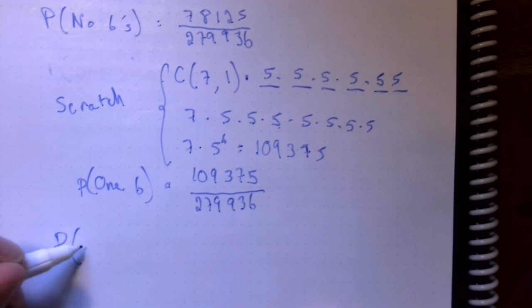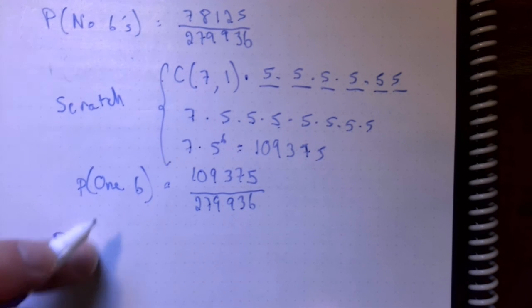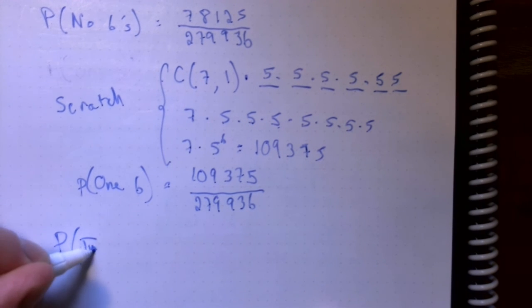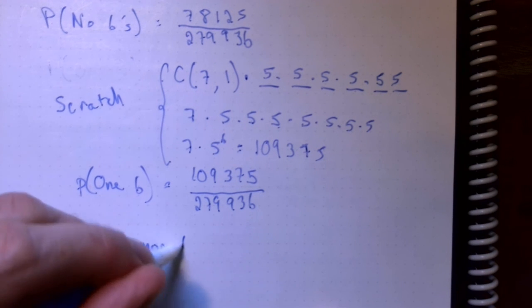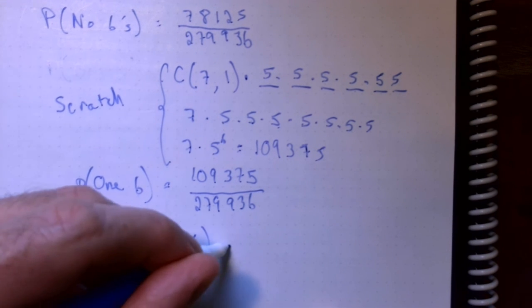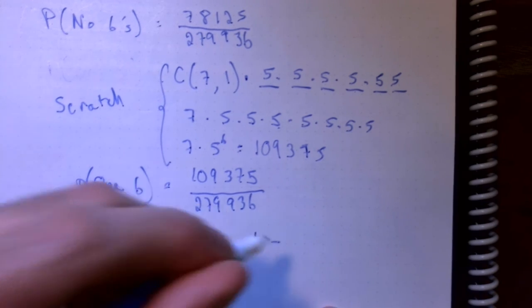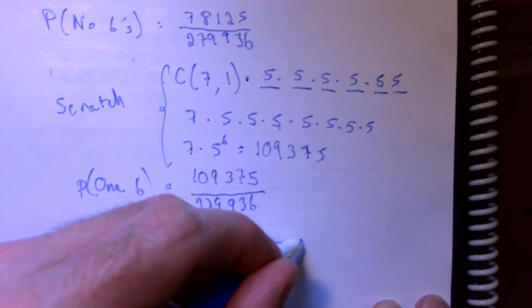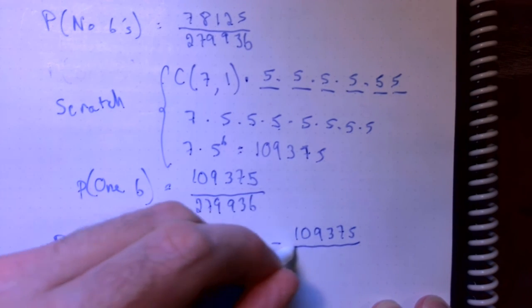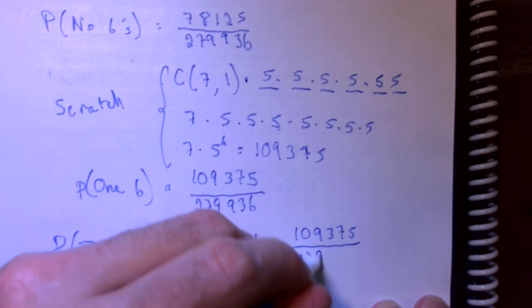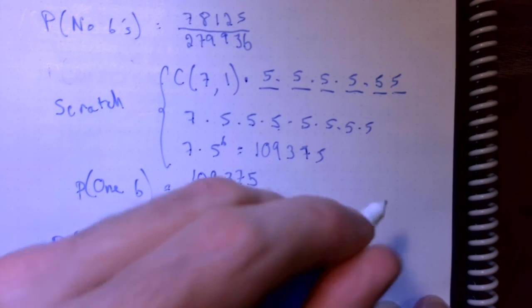So down here we can figure out the probability of 2 or more 6s. Okay, so we're going to do 1 minus the probability of getting just 1. Which we just found.